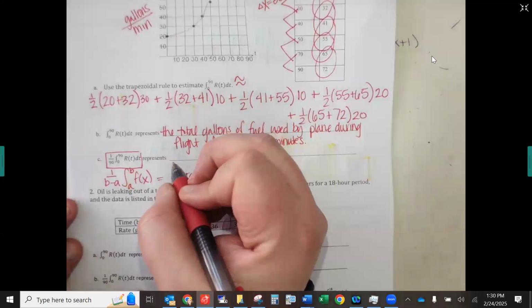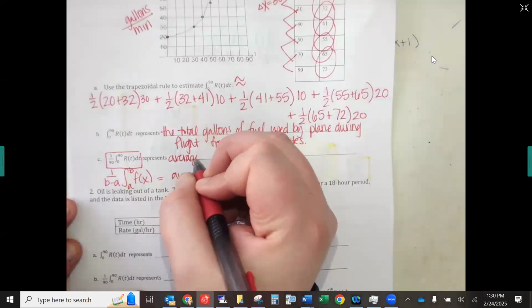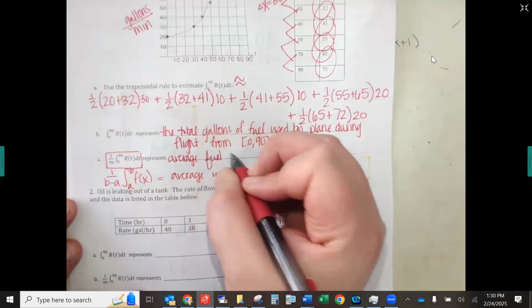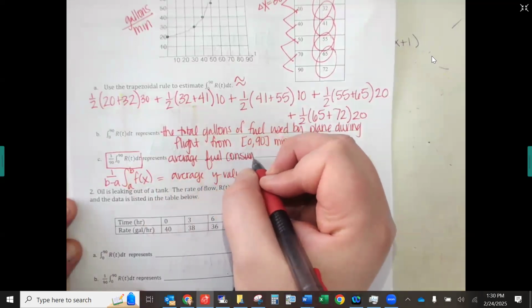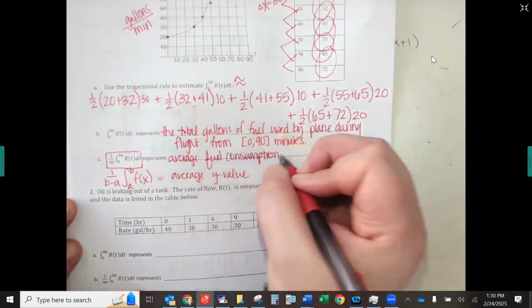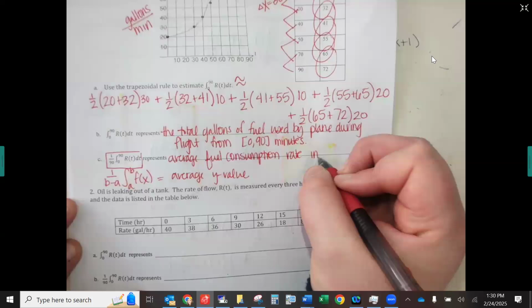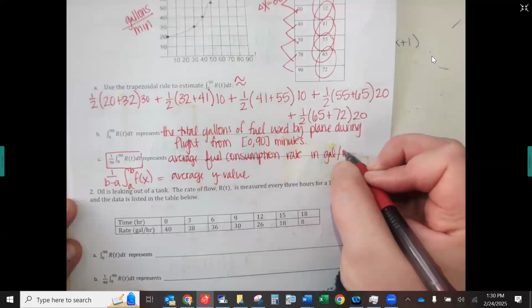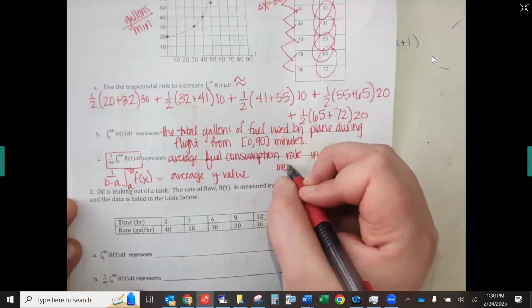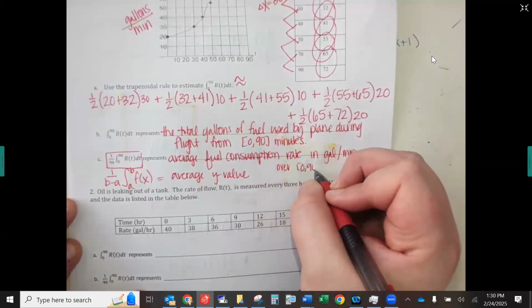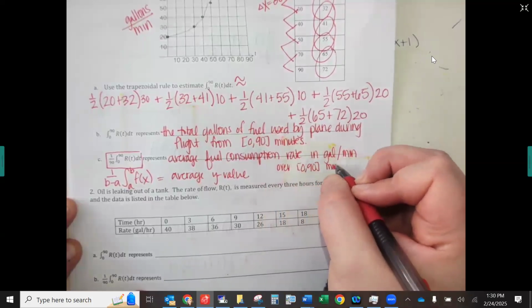So this would be the average fuel consumption rate in gallons per minute over 0 to 90 minutes in flight.